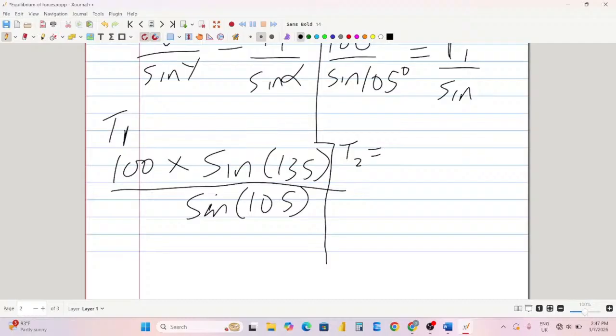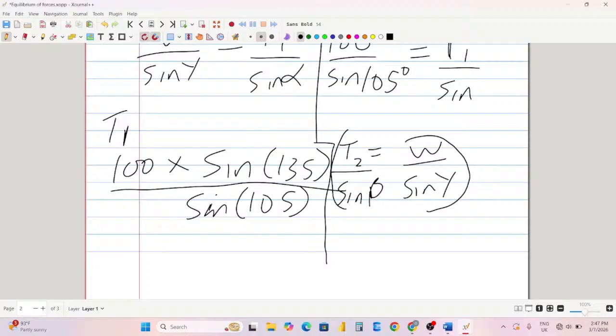So for T2 also, it will be T2 divided by sine beta equals W over sine gamma. So basically using the known, calculate the unknown.